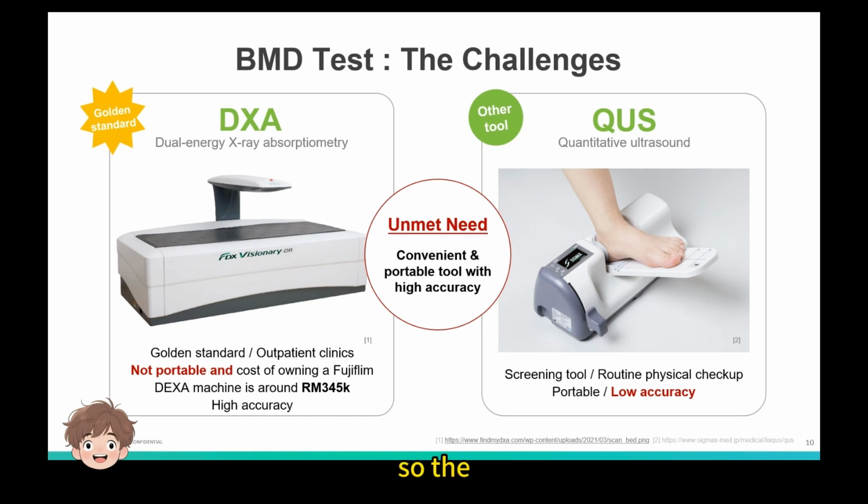So the bone mineral density test actually faces a challenge, with DEXA being the gold standard but not portable, while QUS offers portability but lacks accuracy, highlighting the need for a convenient and precise tool.